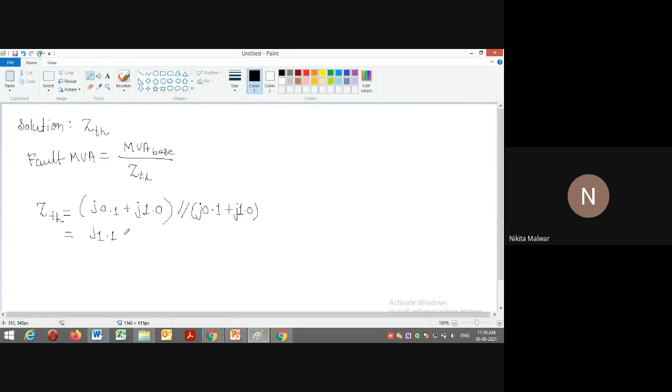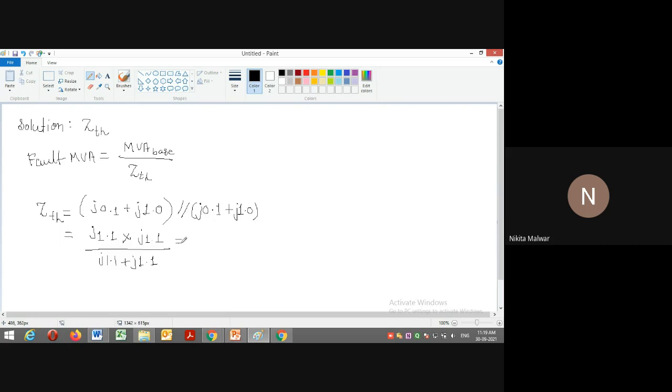It is in parallel with J 1.1. Let us use the formula for parallel connection: J 1.1 into J 1.1 in the numerator, and in the denominator J 1.1 plus J 1.1.